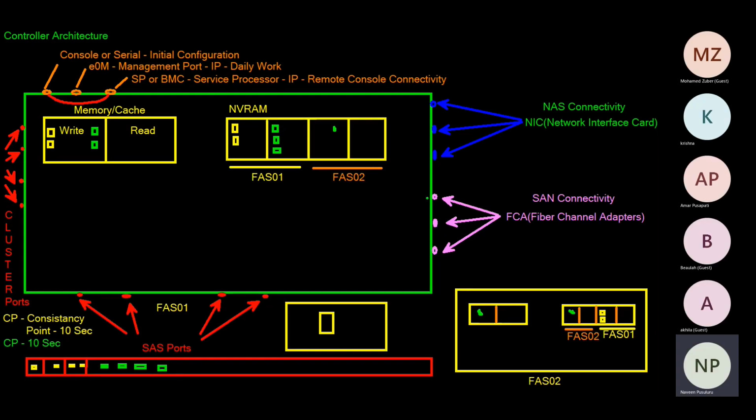so that the same data will be there in the partner controller. So if my FAT01 goes down without committing the data to the disks due to some issue, still the same uncommitted data is available to us in the partner controller. As I told you when discussing the HA pair, whenever one controller goes down, the partner controller will help and take over.